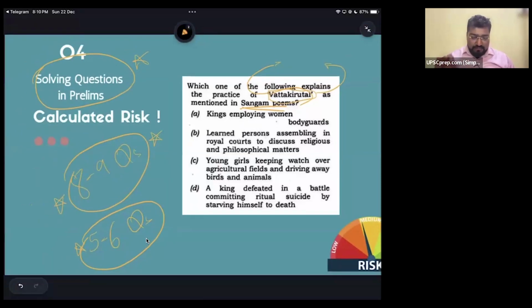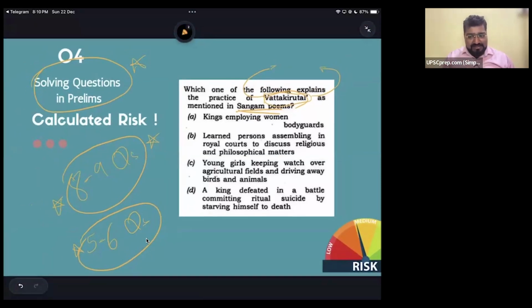Always remember, in ancient medieval and art and culture, 2-3 such questions will be there. For those who might have read Sangam poems, for our friends who might be from the state of Tamil Nadu, they might have referred to this concept.